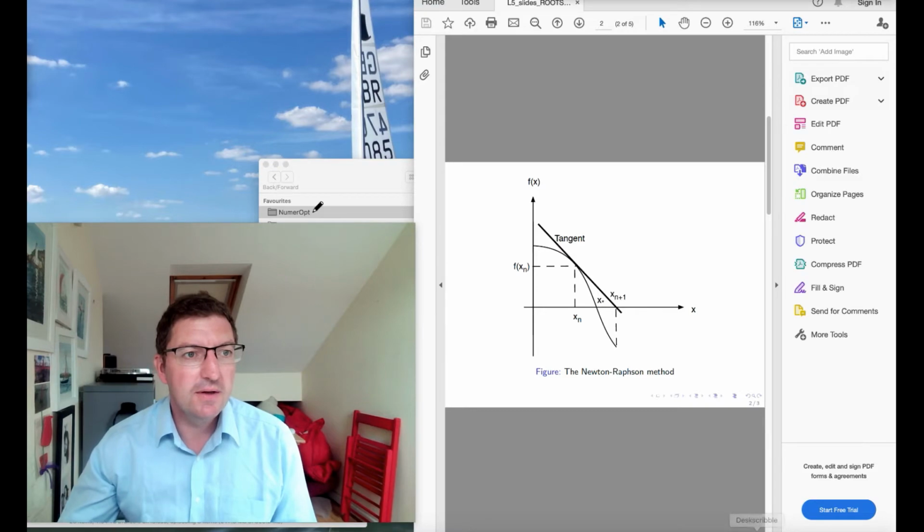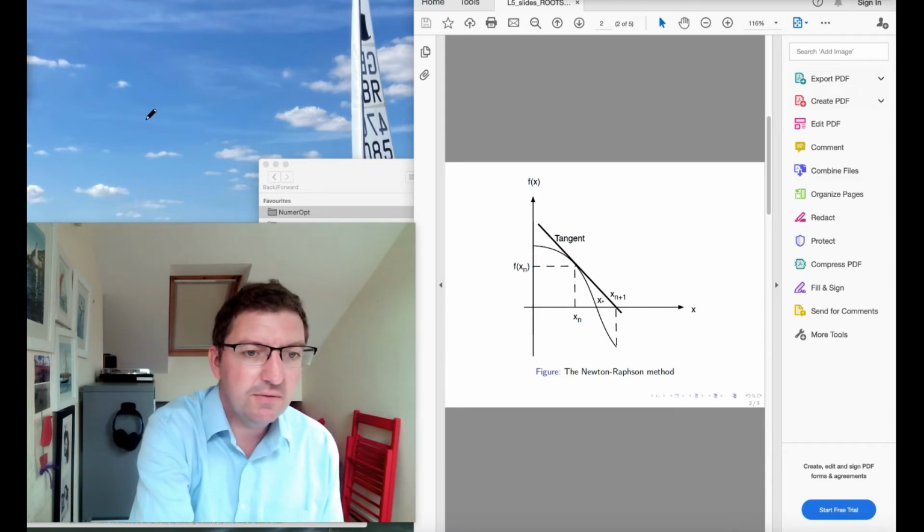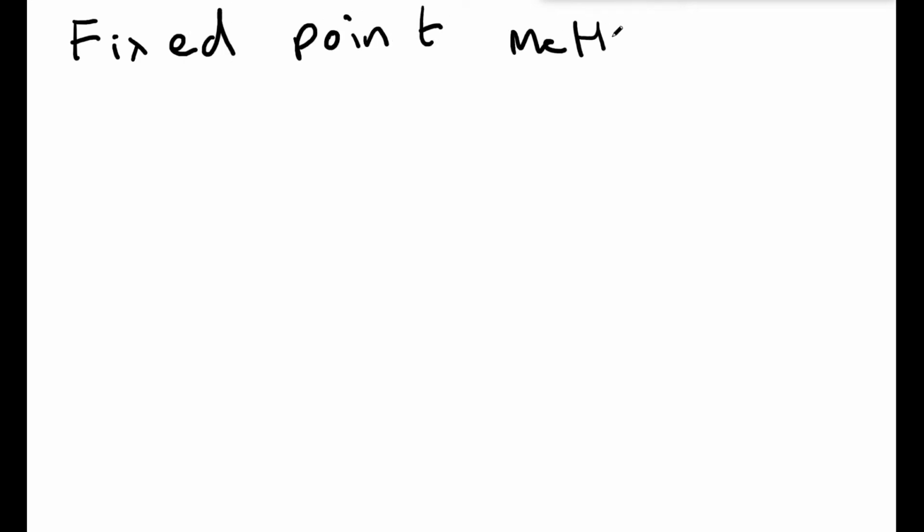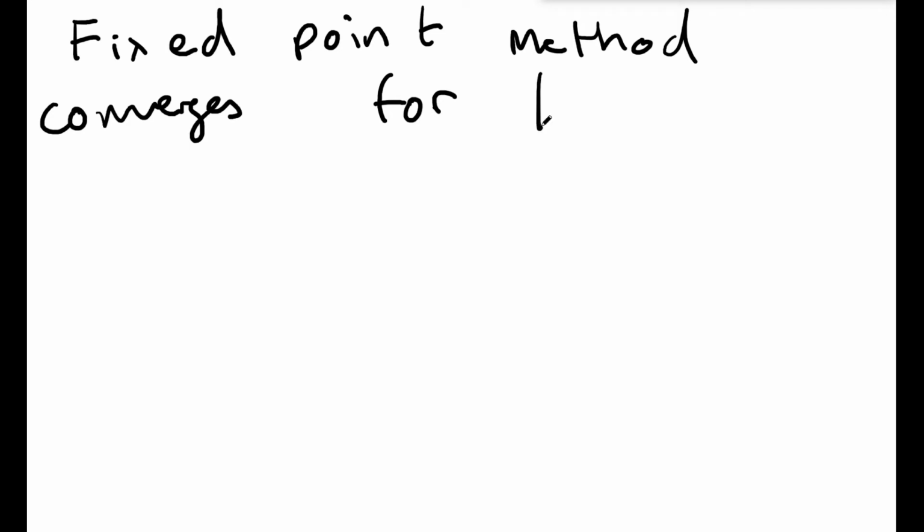So we know that the fixed point method converges for the modulus of the gradient, you can put the subscript n or n minus 1 if you want, I'm just going to leave it off this time, the modulus of g prime is less than 1.